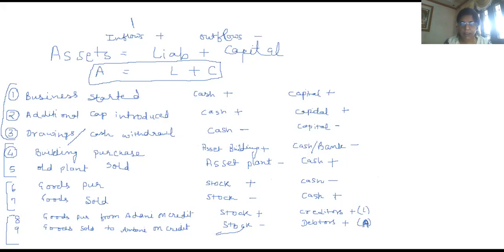So these are the conditions. Like here also, goods purchased from Adani, and there may be other persons, goods purchased from Amitabh, Abhishek, Aishwarya, Tata, Birla. Goods sold, the amount may also be different. Same here, goods sold to Ambani, you can sell to anyone.